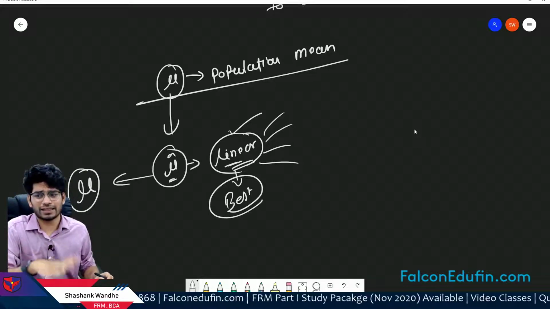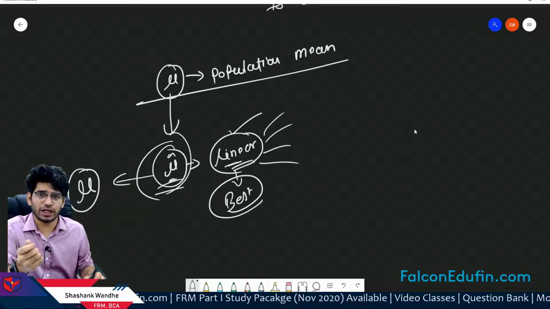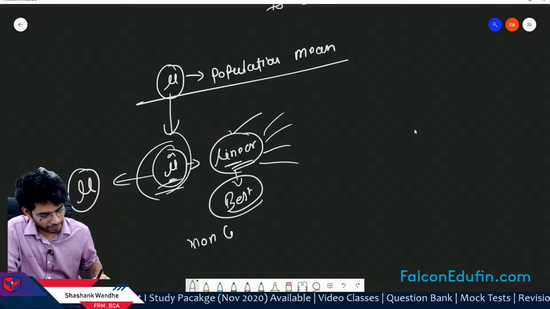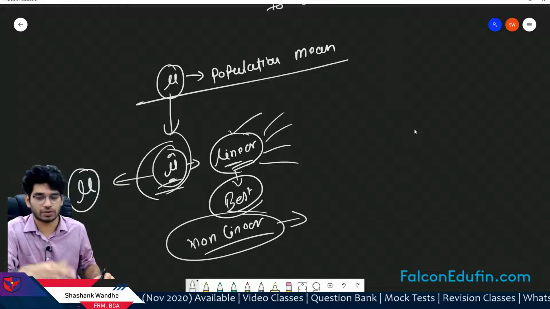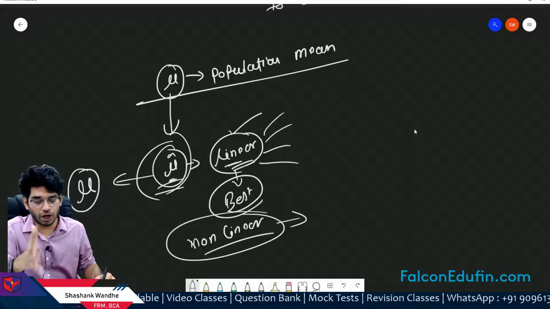So does this mean that this is the best methodology to estimate the population mean? No, there are non-linear methods not discussed in your syllabus, so I will not mention any name. The methodologies are a bit complicated, but mentioning the name will not change anything.